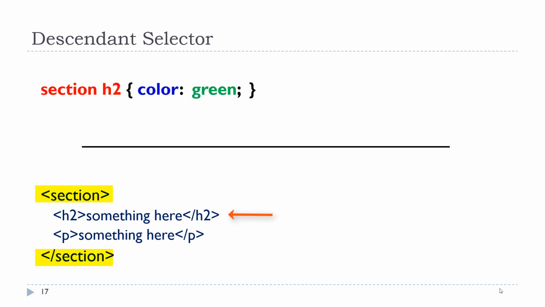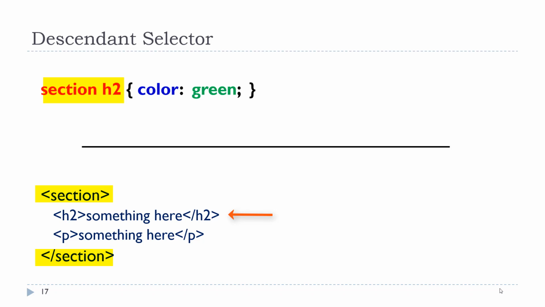If we look at the CSS selector, section space H2, what that is saying, and you really want to read it from right to left, is the H2 element that is inside a section, the H2 element that is a descendant of section.